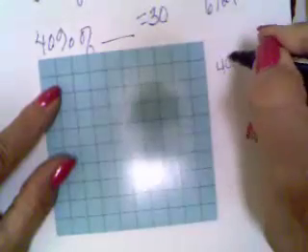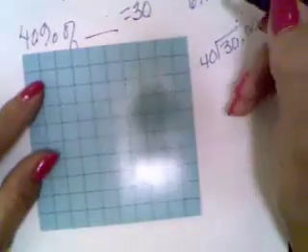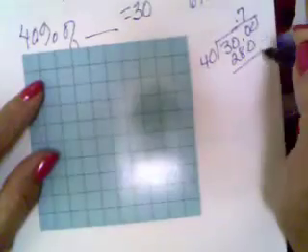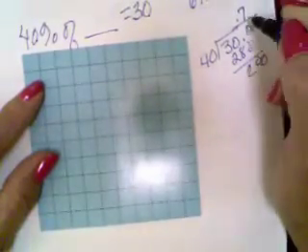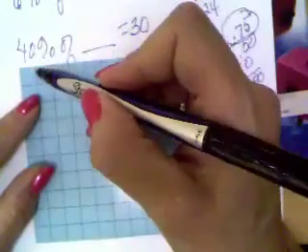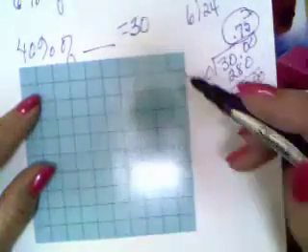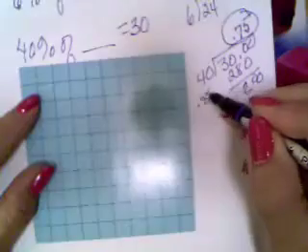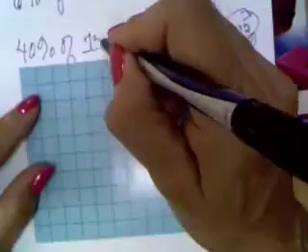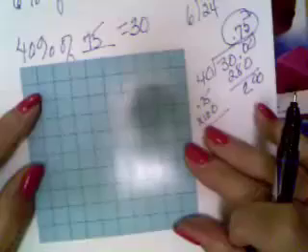So if I take 40 into 30, that's going to be 75 hundredths. So each square is 75 hundredths, and I have 100. So that means that the total is 75.